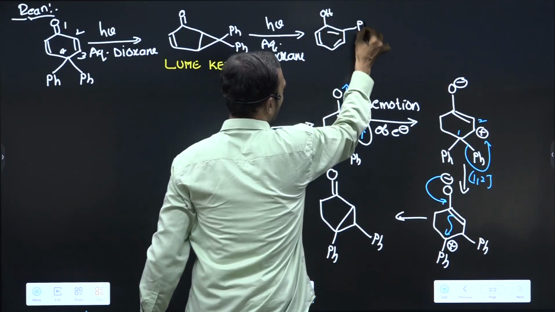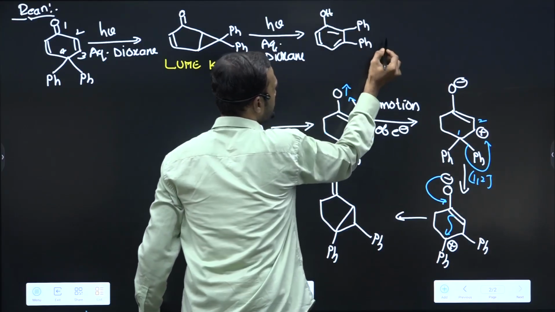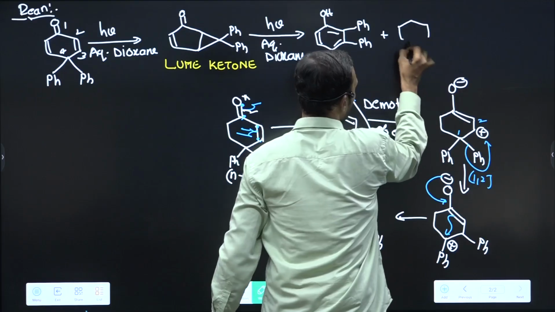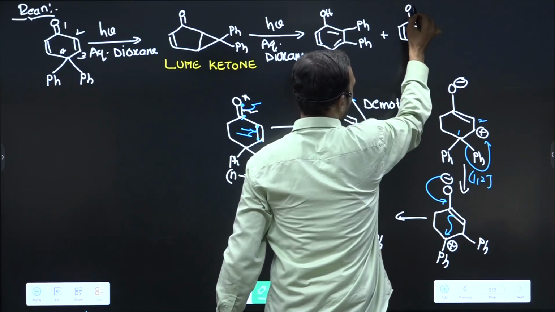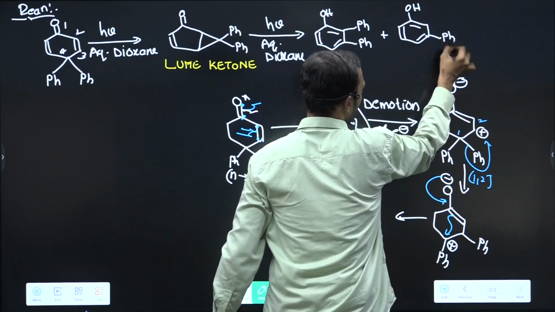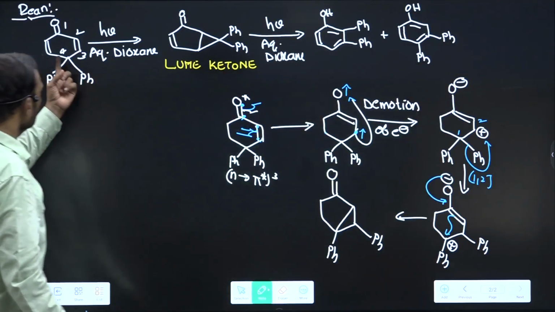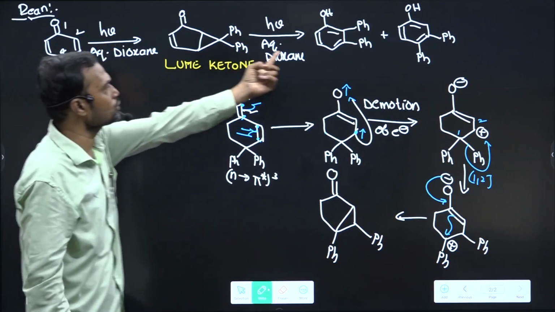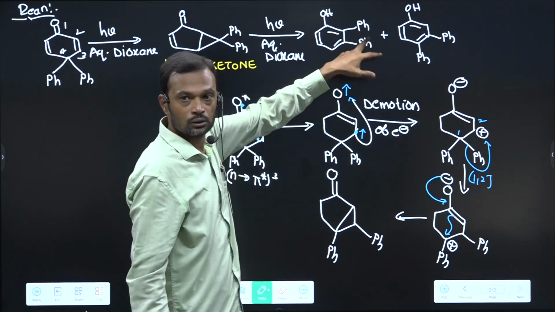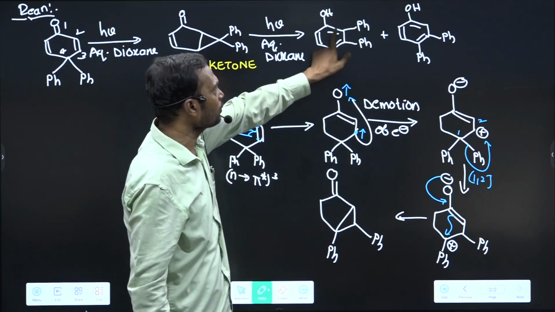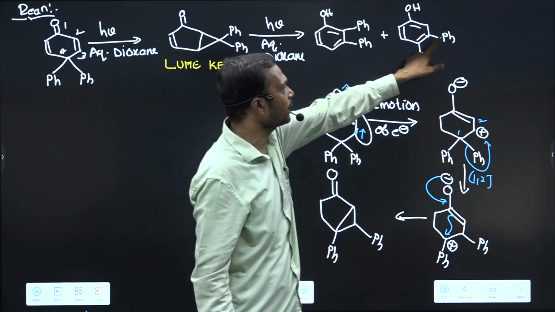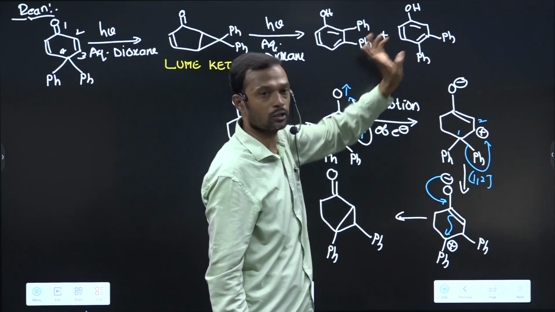Phenol, ortho, meta, and then phenol, meta, para. This is meta and here it is para. This is the answer. When this molecule is given under photochemical conditions, your answer is these two: ortho, meta diphenyl phenol and meta, para disubstituted phenol.